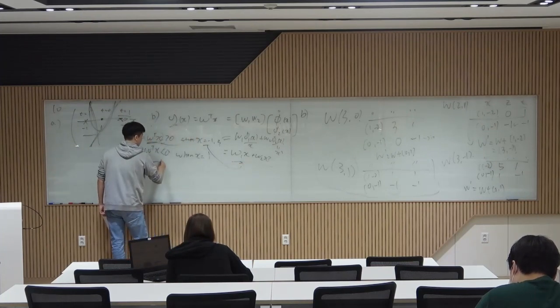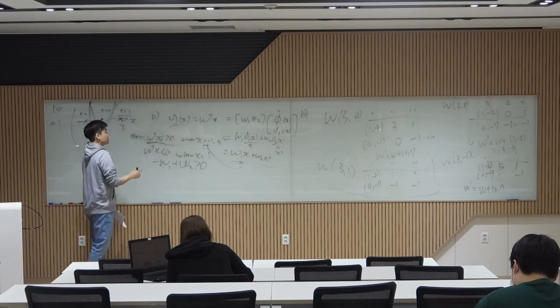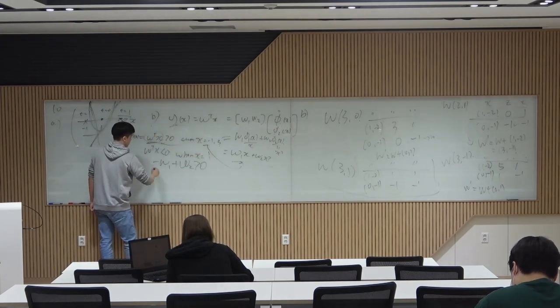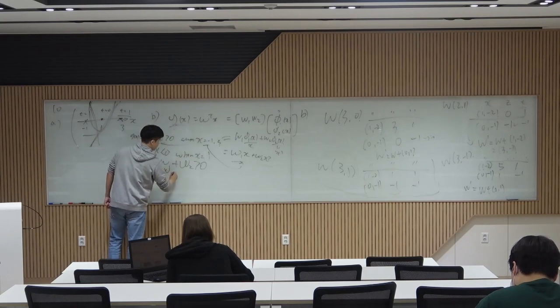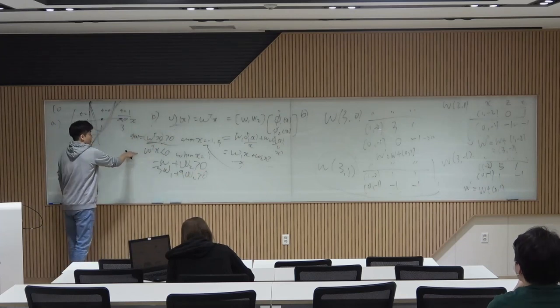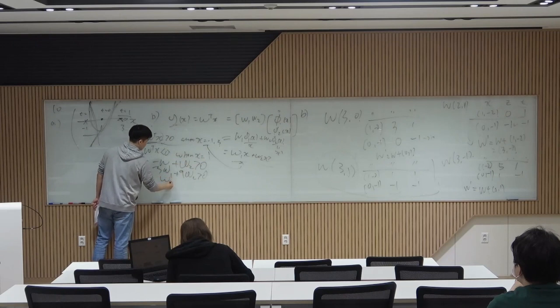So we get minus omega 1 plus omega 2 should be positive, okay? And second, when x is equal to 3, this should also be positive. So 3 omega 1 plus 9 omega 2 is also positive. And third, g(x) is negative when x is equal to 1. So omega 1 plus omega 2 is negative, okay?